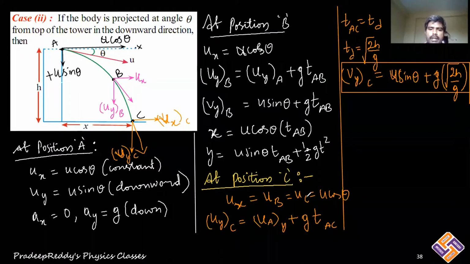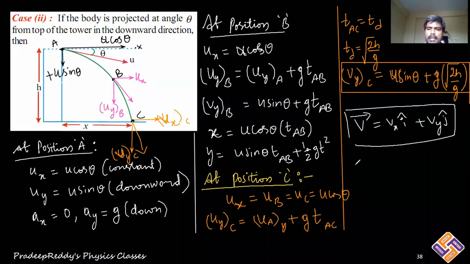At any point you can find out velocity v bar is equal to velocity along x-axis into i cap plus velocity along y direction into j cap. Similarly, at any point displacement you can write it as x into i cap plus y into j cap.